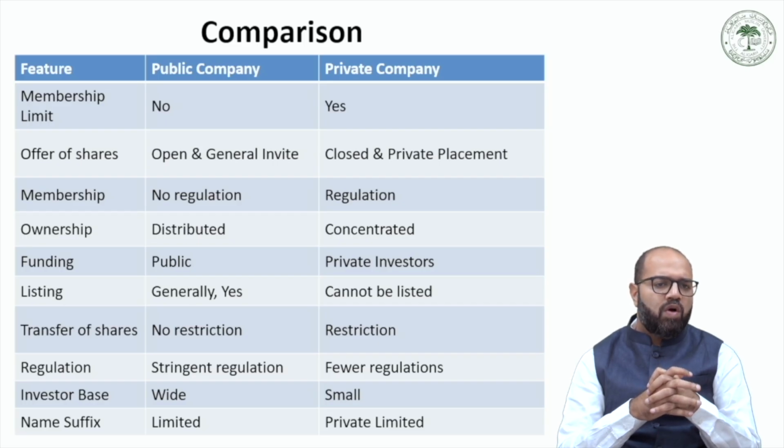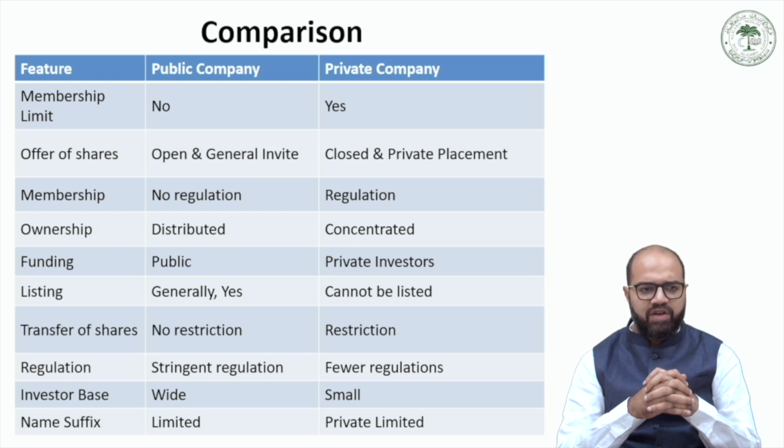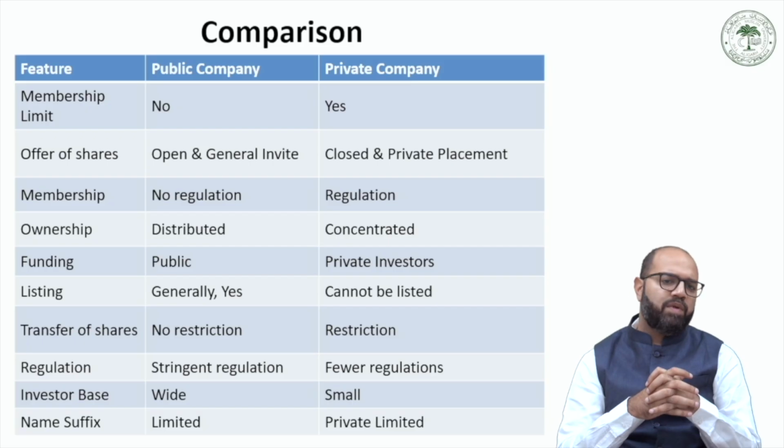So on the issue of transfer of shares, generally the shares of a public company are freely transferable and carry no to very little restrictions on transfer of shares. Whereas in case of a private company, there is generally a share transfer restriction.